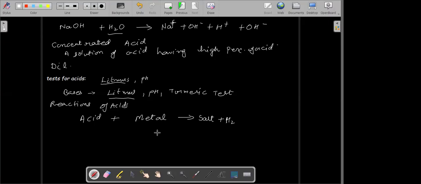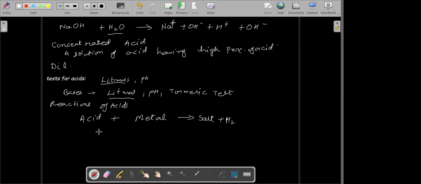So acid plus metal giving salt plus hydrogen is possible for all the metals which have reactivity greater than hydrogen, and also it is possible with almost all the acids except nitric acid.